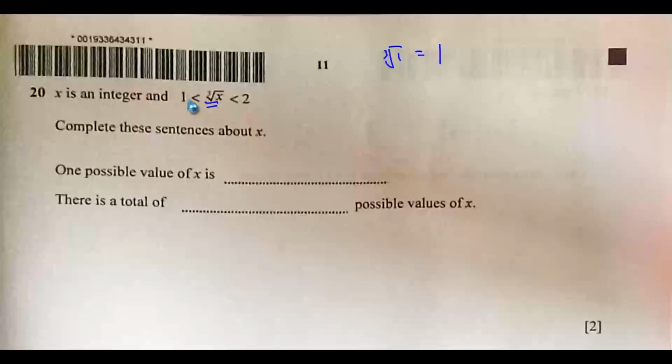So of course 1 is not less than 1, so that means x cannot be 1. So don't forget, x can only be an integer, that is a whole number, and in this case just a positive whole number due to the radical we have here. So x equals 1 is invalid.